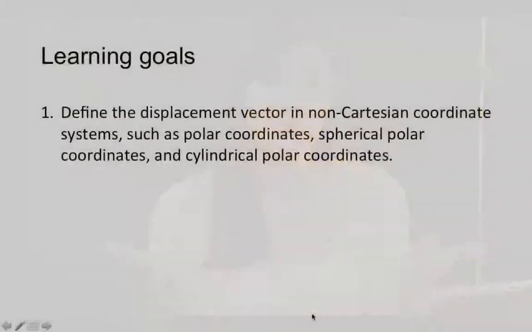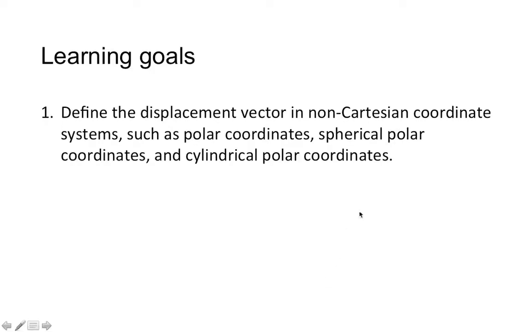At the end of this lesson, we want you to be able to read the notation for a non-Cartesian coordinate system and be able to find a derivative or a spatial integral. Knowing how to do these things will enable you to find the physical quantities of displacement, velocity, acceleration, work, center of mass, or moment of inertia. Our learning goals for the lesson will be to, first, define the displacement vector in non-Cartesian coordinate systems.